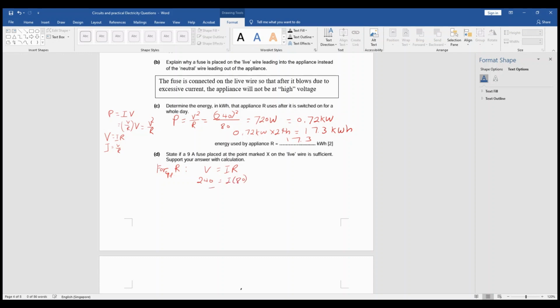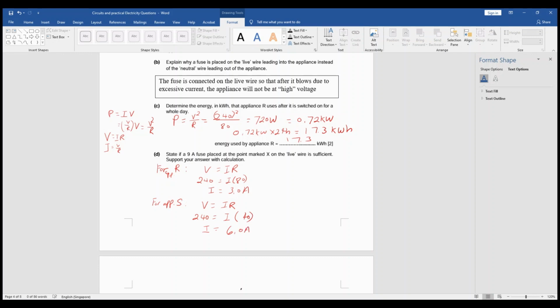So my I is 3.0 ampere. For appliance S, V equal IR, 240 equal I times 40. I is equal to 6.0 ampere.